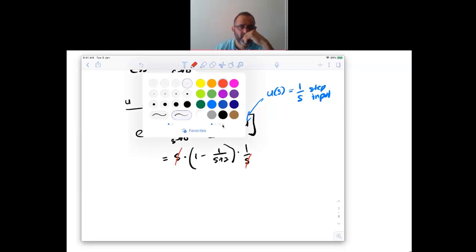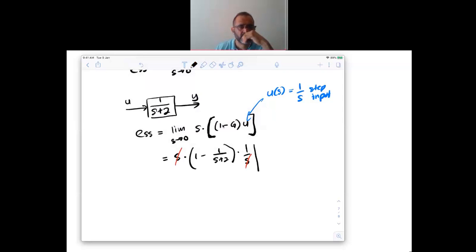And then don't forget, I need to take the limit as s goes to 0. My handwriting is very bad, it's supposed to be a straight line. Don't forget that it's the limit as s goes to 0.